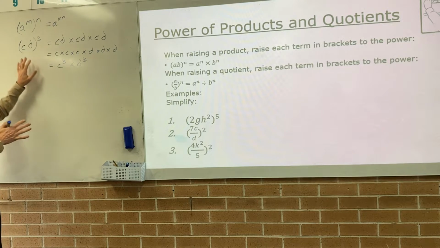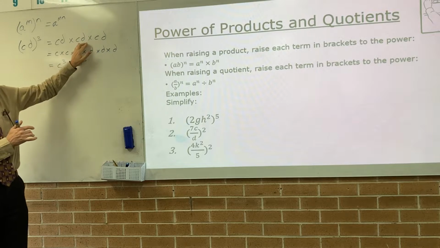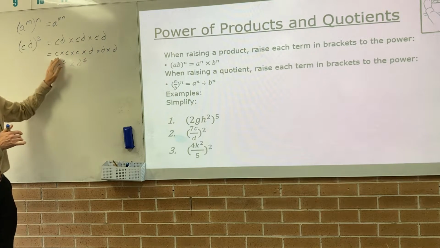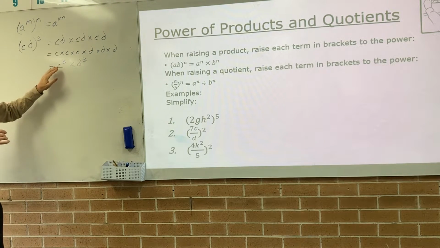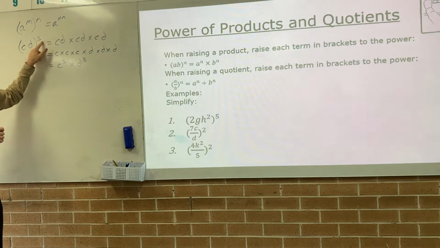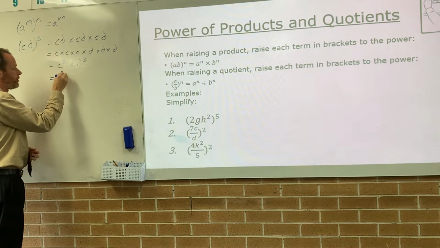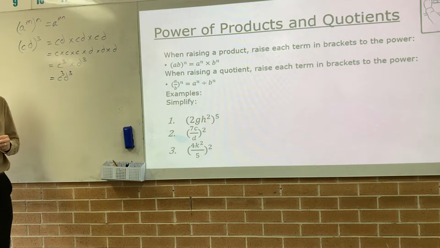So you can see when we have CD cubed, that's what that means. We can reorder it and we end up with C cubed, the first one, and D cubed. Of course, you can then simplify it back to C cubed D cubed.